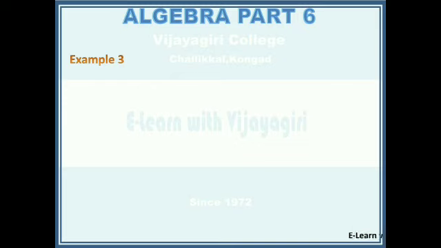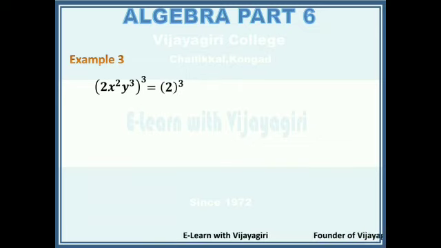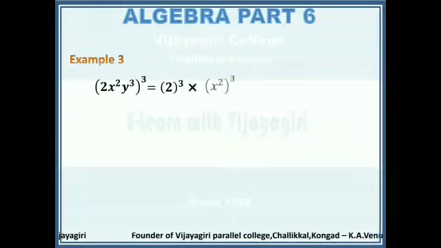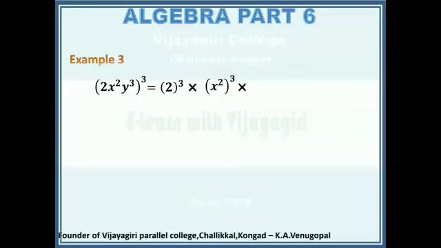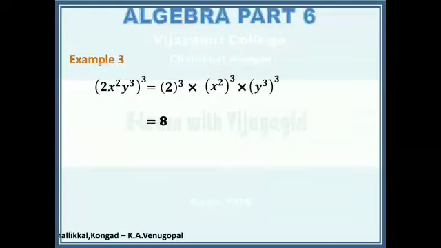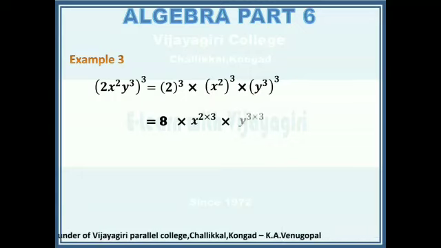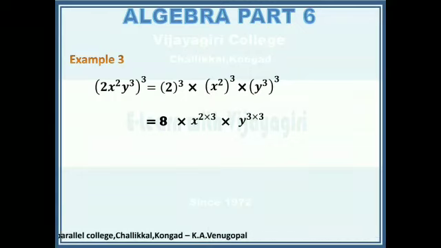Let's check another example. 2x square y cube whole to the power 3. Here also we have to expand separately. So giving the power separately to all the terms, 2 to the power 3 into x square whole to the power 3 into y cube whole to the power 3. 2 to the power 3 will be equal to 8 into x square whole to the power 3 we can write as x to the power 2 into 3, and y cube whole to the power 3 we can write as y to the power 3 into 3.